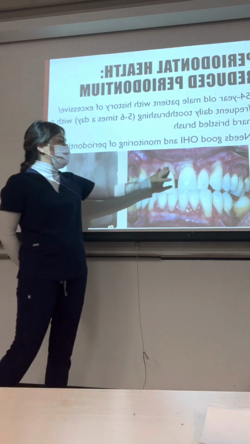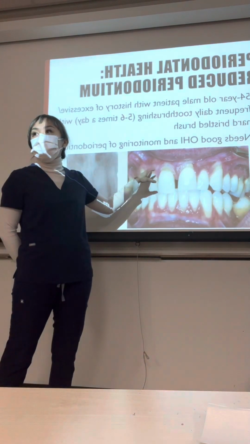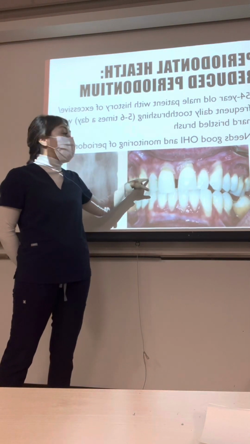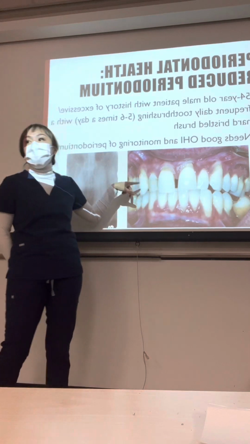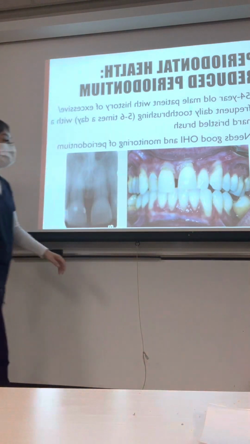He wore those gums away. And is recession a sign of reduced periodontium? Absolutely. But in his case, it's not due to disease. He's actually brushing too much and too hard. I feel like I still see calculus on the lower anteriors. Possibly. Oh, on the linguals? Yeah, a little bit there.